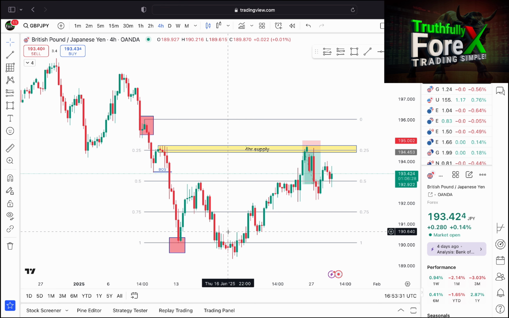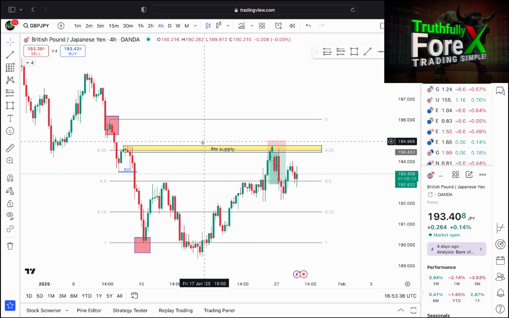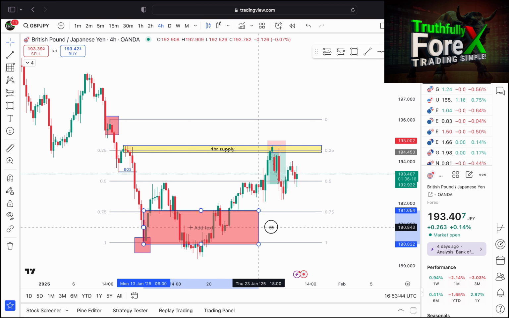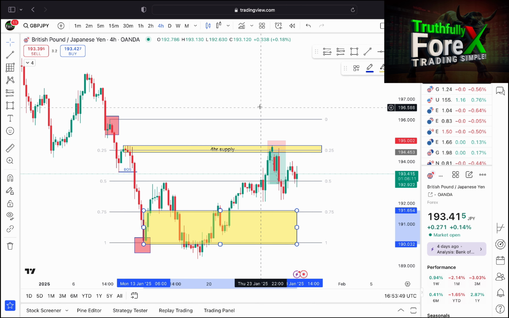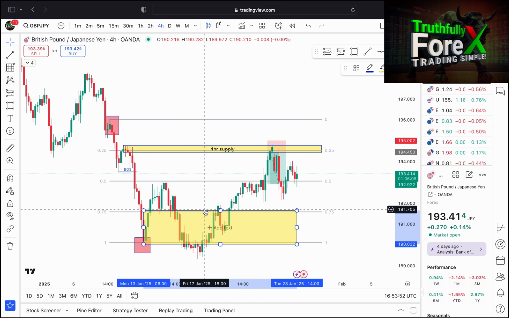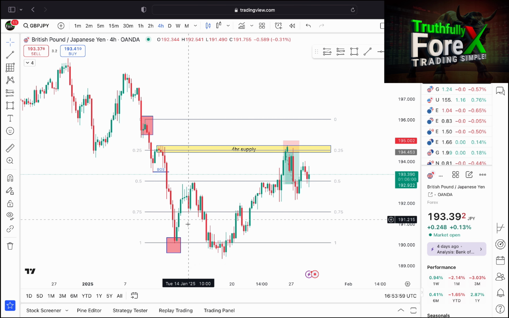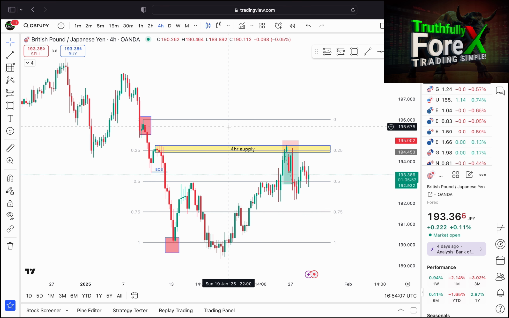So when we're using this Garn box to find premium and discount levels, as you can see, we need a supply, and obviously down here we need a demand lining up with the discount at the bottom. If there's no demand in the discount, then we're not interested, because obviously we don't just buy in a discount and sell in a premium. That's not what we do. We need everything to align.